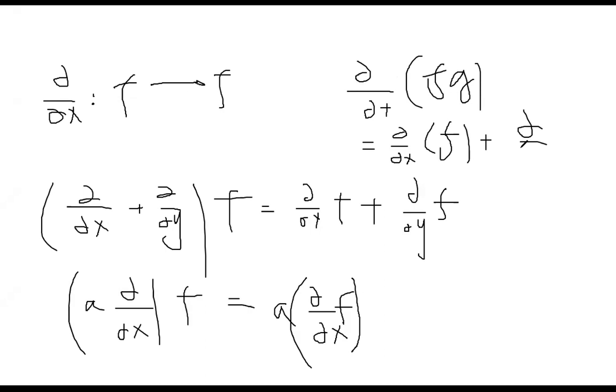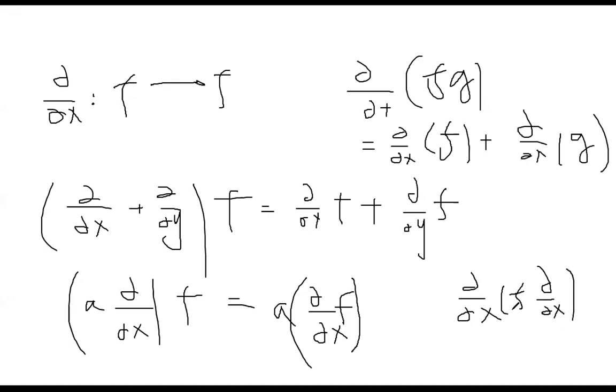In this case, if one of the functions is another operator, for example like this, the product rule becomes: first, you apply the operator on f, and you leave the other one unchanged.